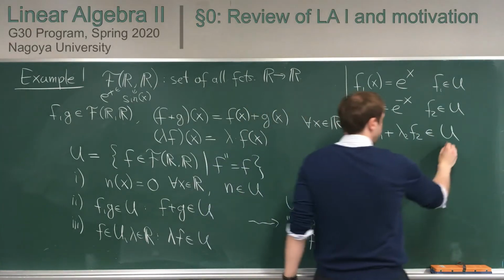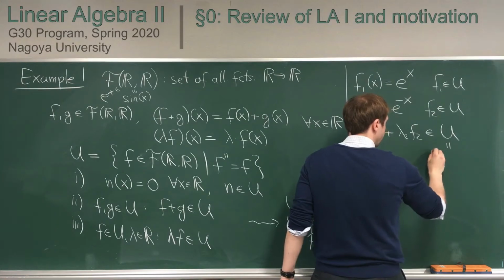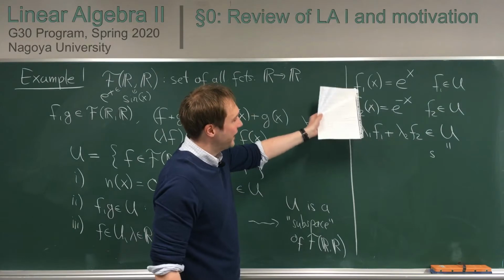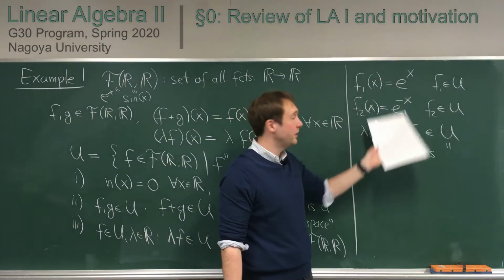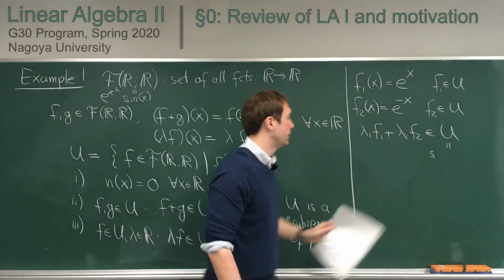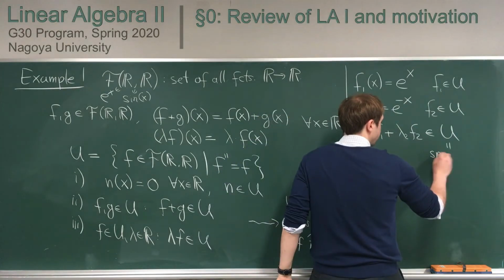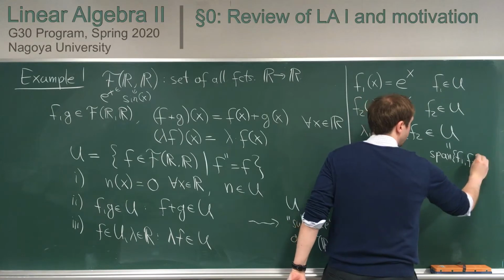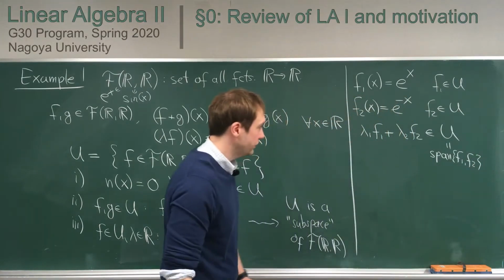So we could say that this U, well, first you need to say that actually one can show that these are the only examples in U. So we can show that actually U is the span of f1 and f2.